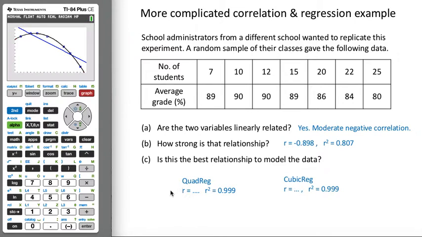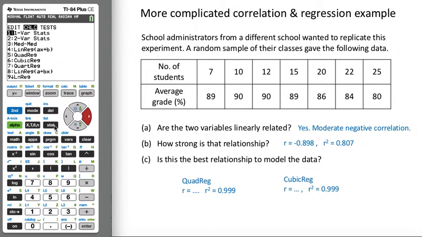How about exponential? Stat, calc, we can do quartic, we can do logarithmic, we can do exponential. Let's do exponential, and again store that equation. I think we're up to Y4.